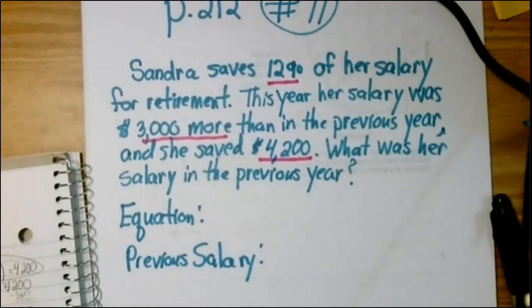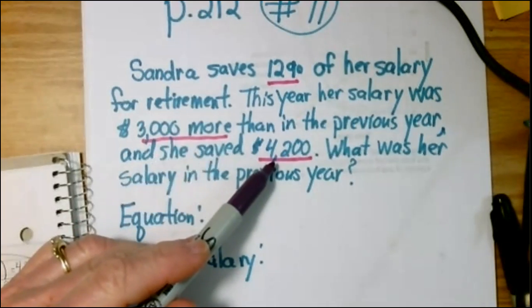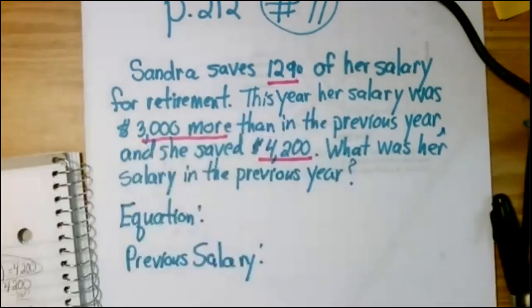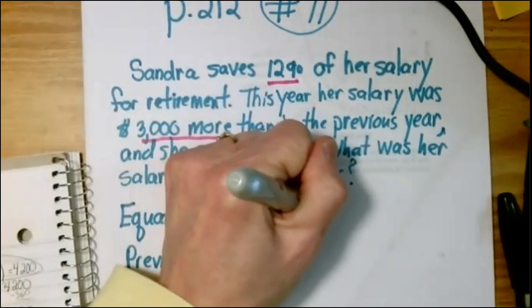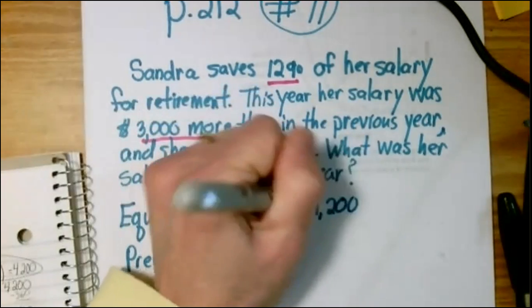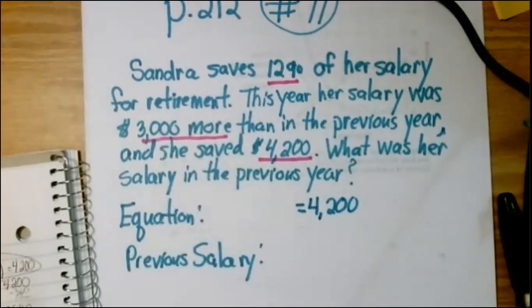Step 1 is we have to make an equation. We know that in the end, she saved $4,200. That is the answer to our equation eventually, right?